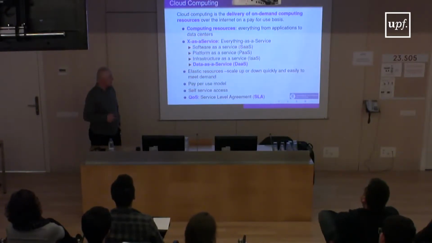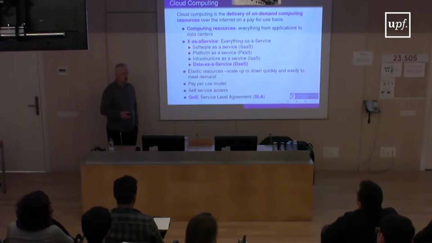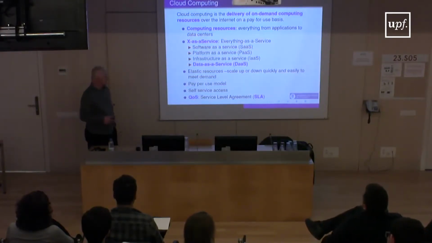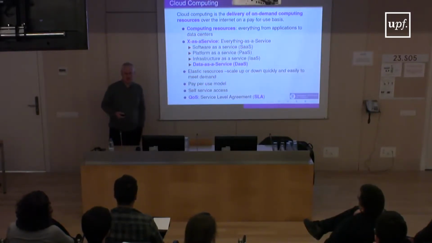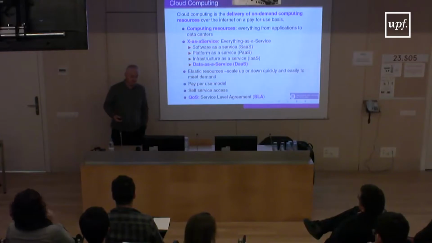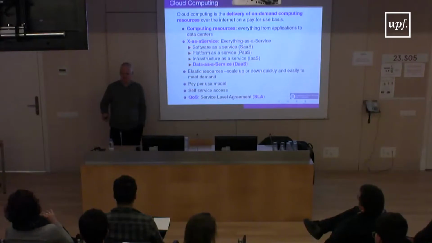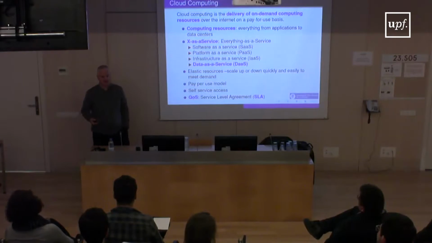And all this is done thanks to the capability of the cloud to manage the resources in an elastic way. It means that you can scale up and down according to the needs of the users. Obviously, what is propelling this cloud model is the business. Those who might remember grid computing systems or have read some papers on them will remember that grid computing was basically for scientific communities, doing experiments, doing data processing at large scale, but grid computing was not able to penetrate into the business model.